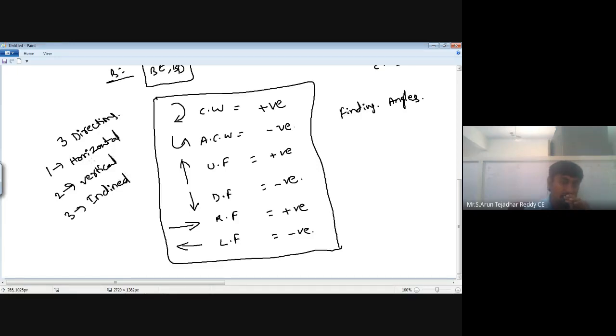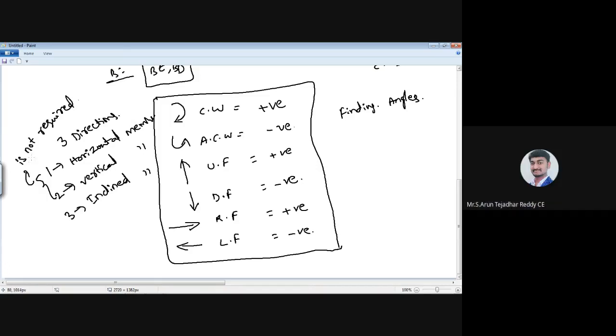Or else we can say horizontal member, vertical member, inclined member. To find horizontal member and vertical member forces, the angle is not required.